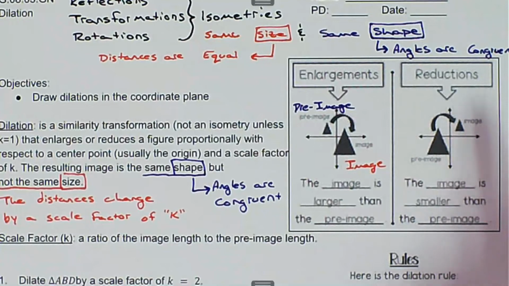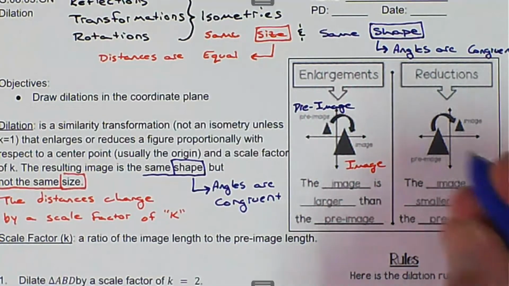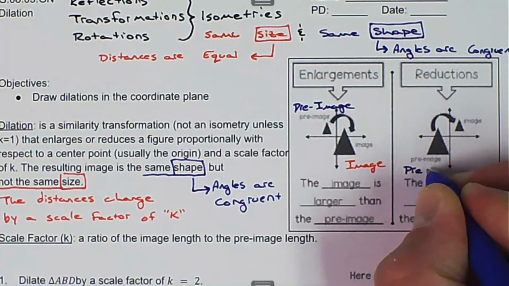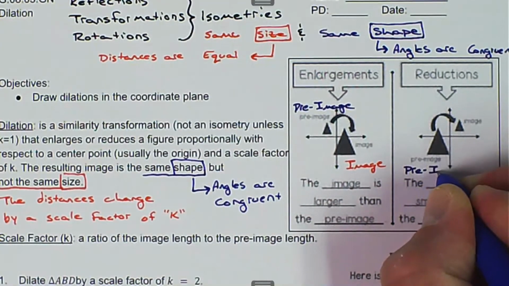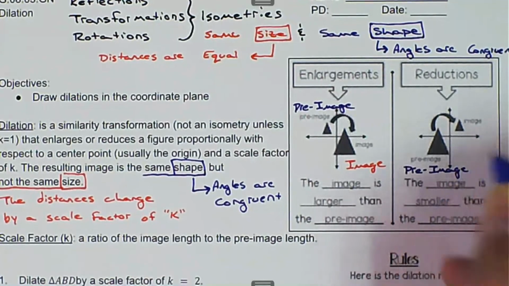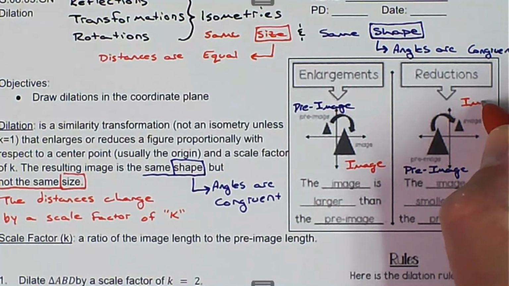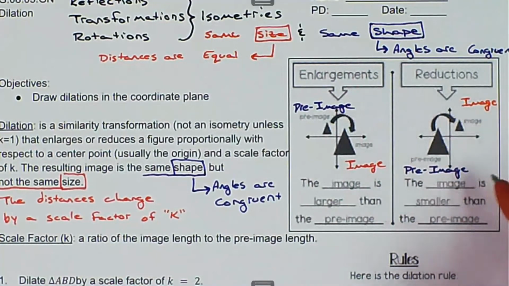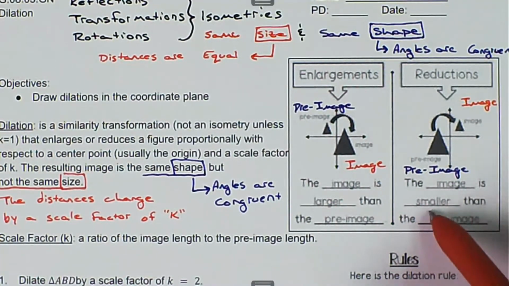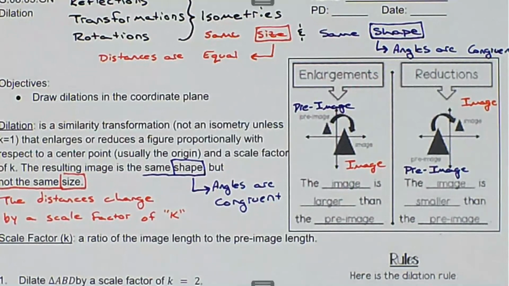A reduction, here we have the pre-image, and here we have the image. So the image is smaller than the pre-image.